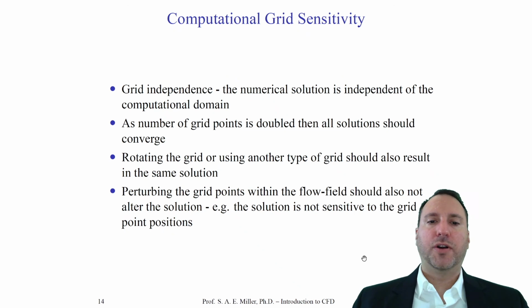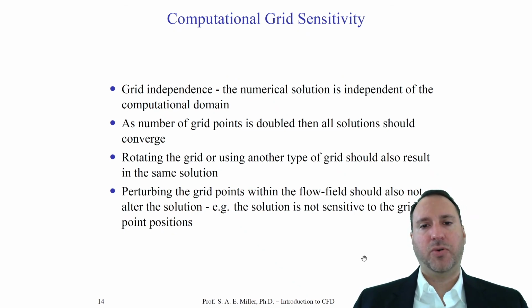And that's very important. You would not want your solution to be sensitive to the grid. So by perturbing the grid points within the domain without moving the boundaries and finding the same solution, you have a grid insensitive solution, which is another important test if you really care about the validity of your computational domain and your solution.